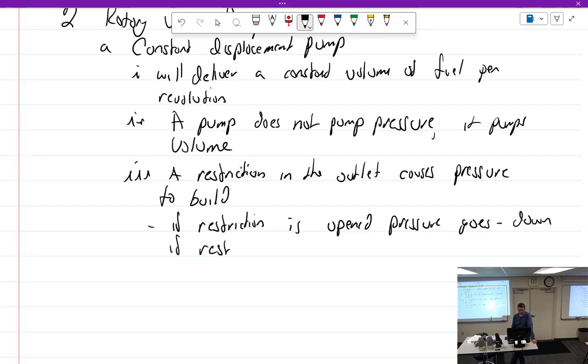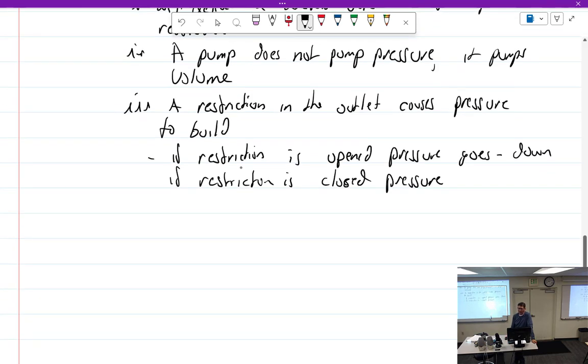If restriction is closed, pressure goes up. It's not easy to talk and do it at the same time. You kind of forget where you're at.